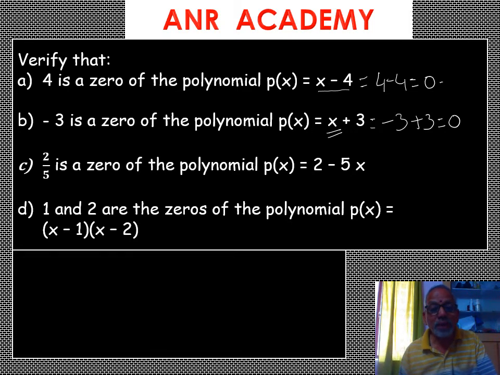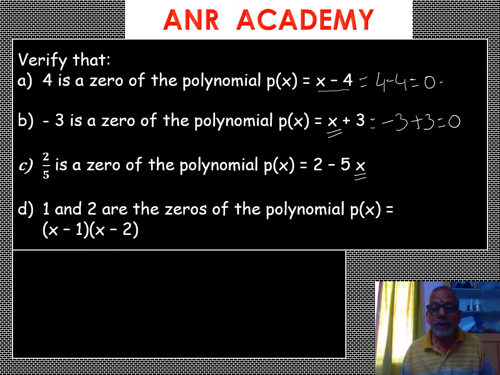2 by 5 is a zero of the polynomial p of x is equal to 2 minus 5x. That means in place of x here, we need to take 2 by 5.